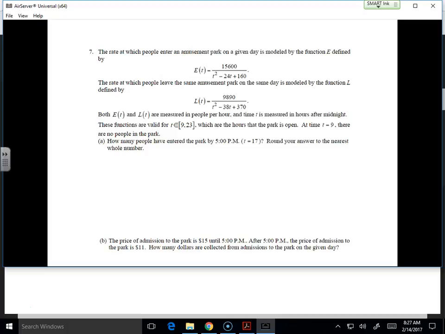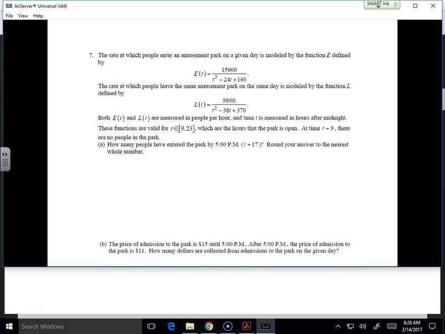If you were getting ready for this problem, you could almost figure out that you're going to use both of these equations, the E and the L, and let's make them Y1 and Y2. I'm pretty sure I'm going to be plugging them in at some point.